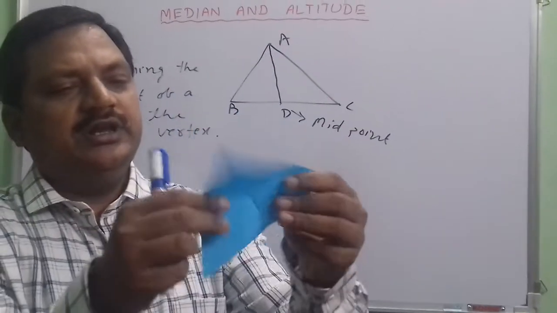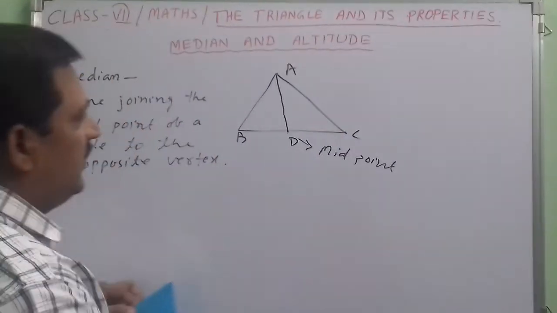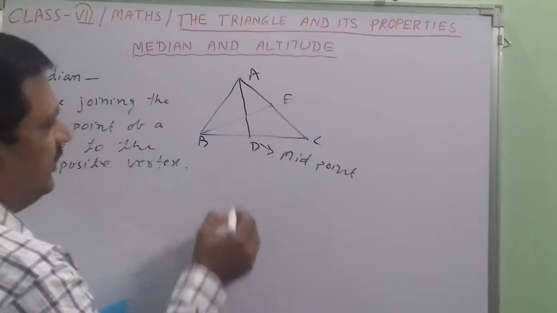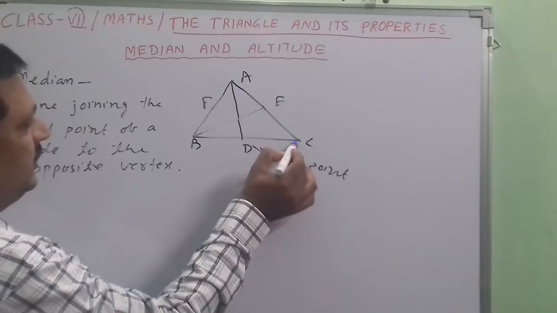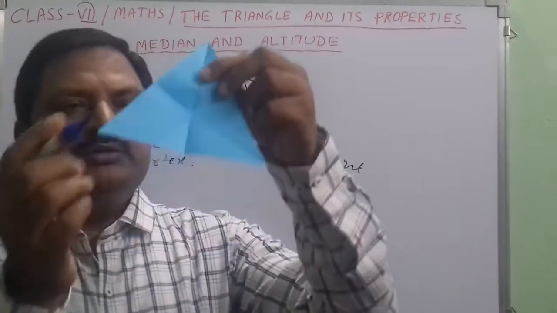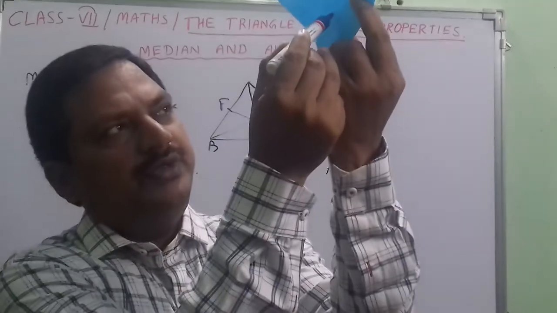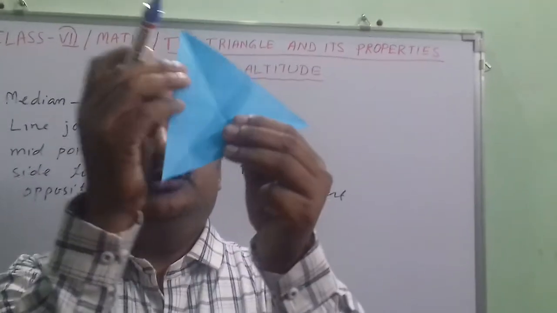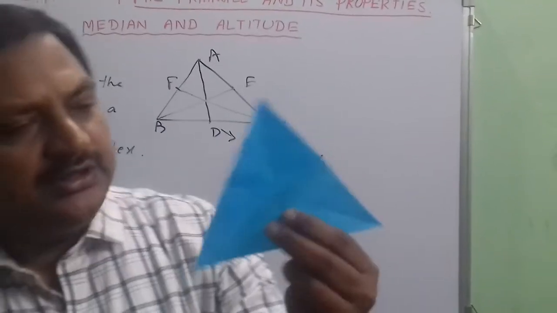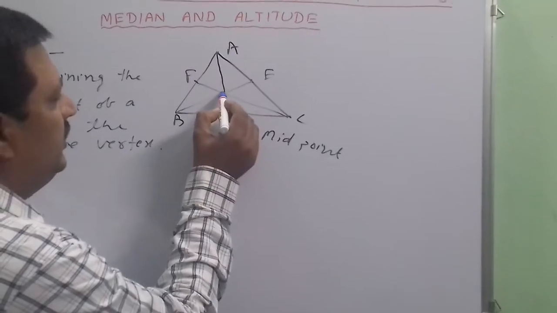So in this triangle I found 1, 2, 3 medians. From this you can see that all 3 medians meet at a point. Here also they are meeting at a point.